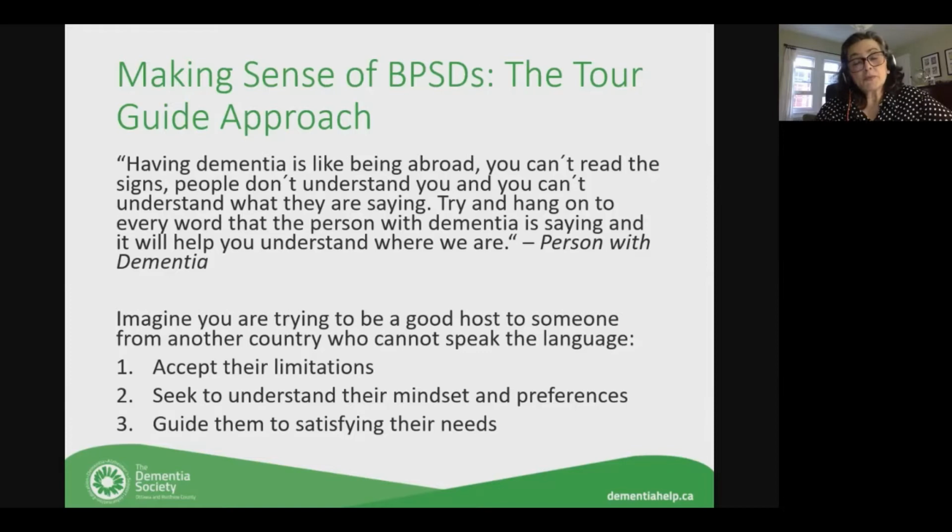Accepting their limitations, of course, not expecting more from them than they can give, and providing some gentle guidance in terms of satisfying those needs. So it's an analogy that can sometimes be useful when you think about someone exhibiting behavior that at first blush is a bit incomprehensible to you.